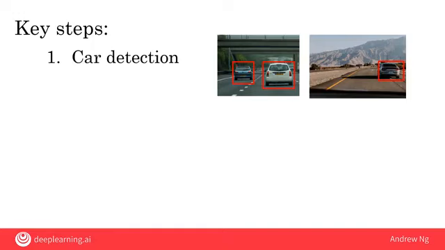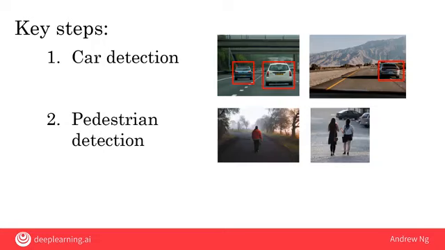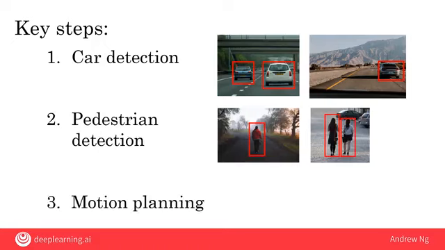And this is usually done using not just cameras, but other sensors as well, such as radar and LiDAR. Next is pedestrian detection, and using pretty similar types of sensors as well as techniques, self-driving cars can detect pedestrians.